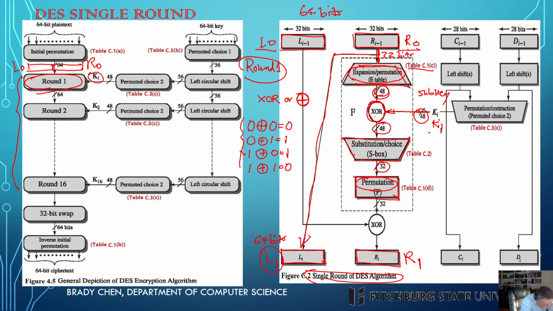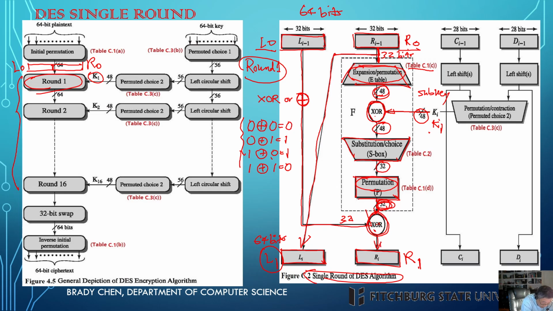After the permutation, a new 32-bit string is created, and then these 32 bits are mixed with L0, another exclusive OR operation, but this time 32 bits versus 32 bits. Then we generate R1.